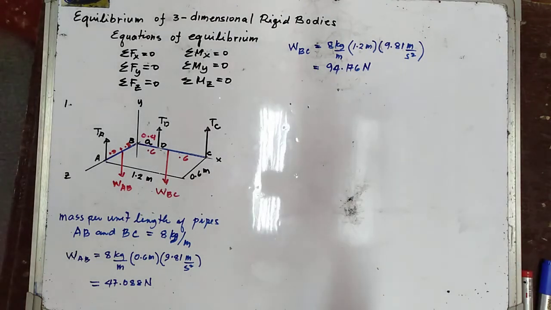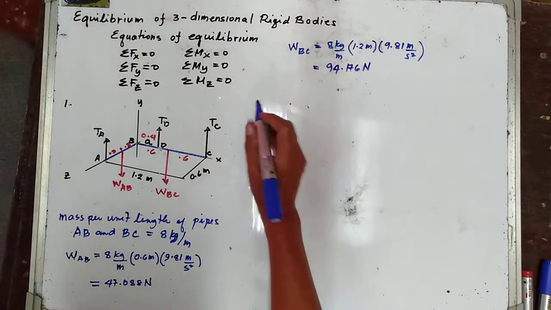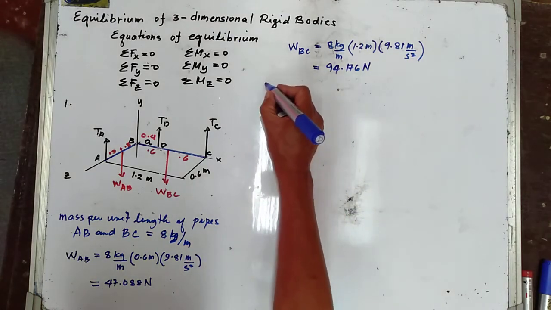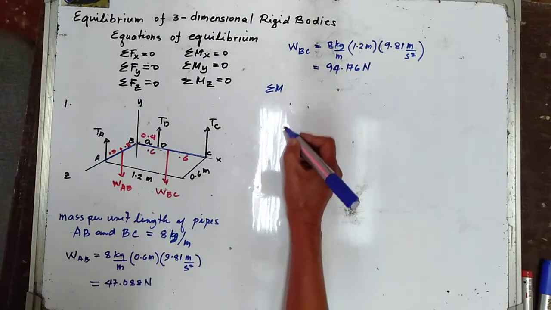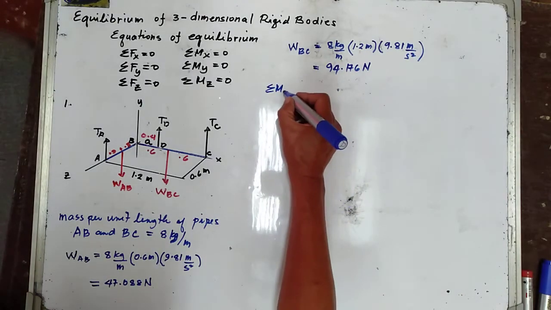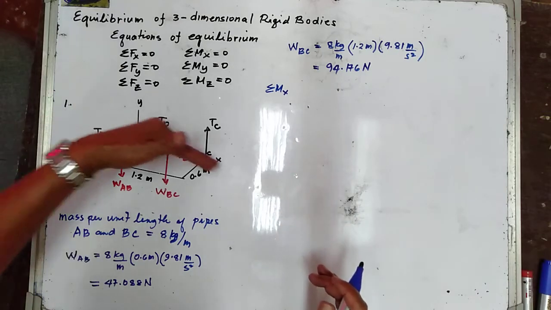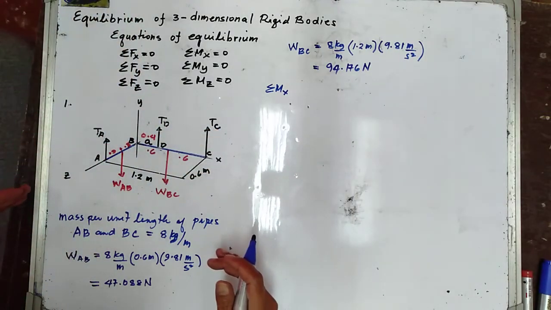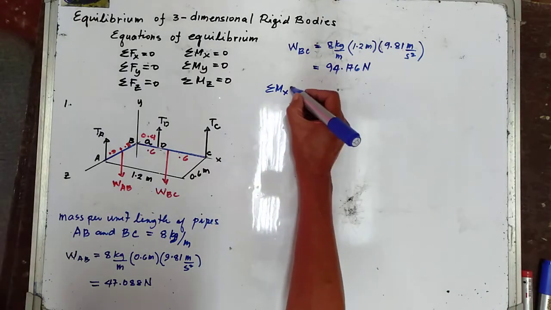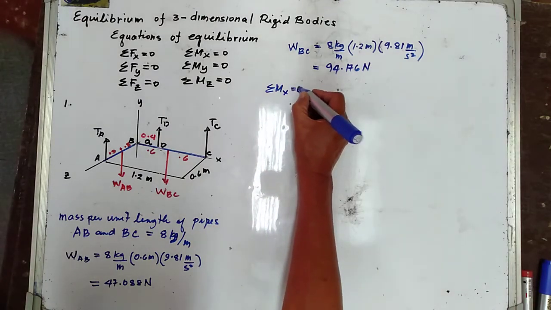Okay, let us take moment. If you take summation, we now have summation of moment about the x-axis. This is our x-axis, this is the y-axis, and this one is the z-axis. About the x-axis is equal to 0.